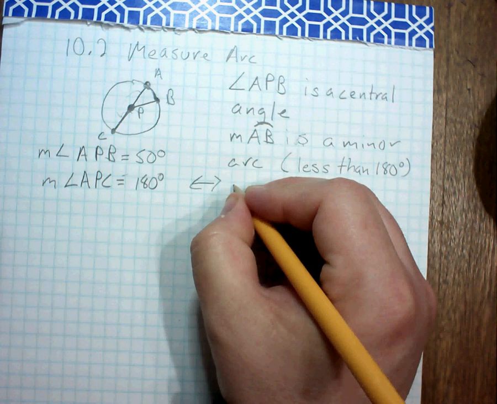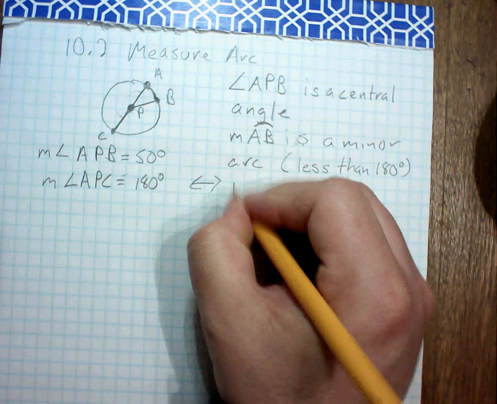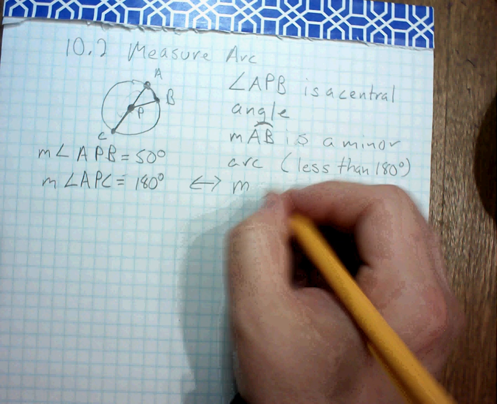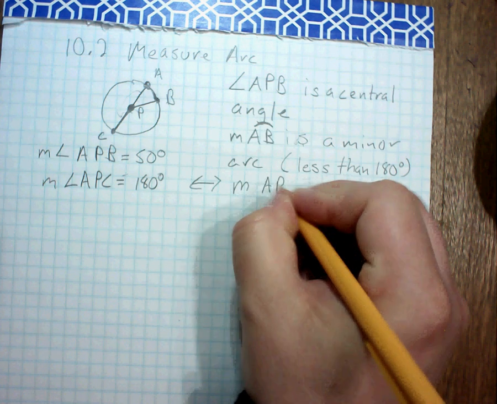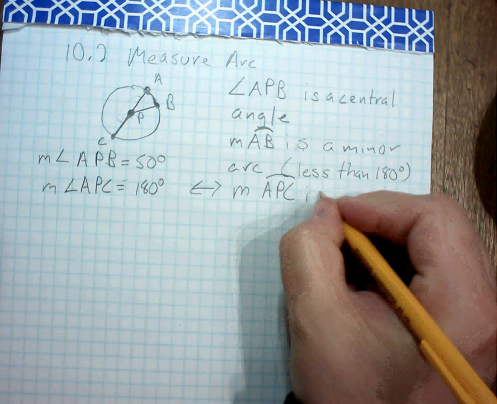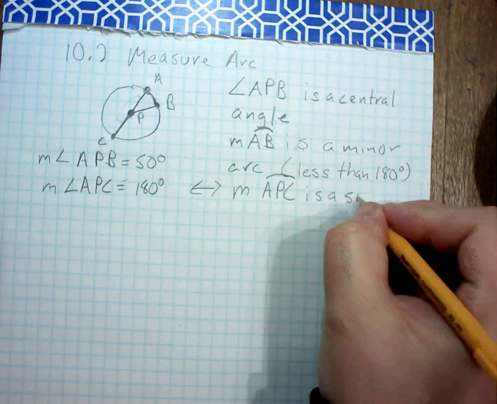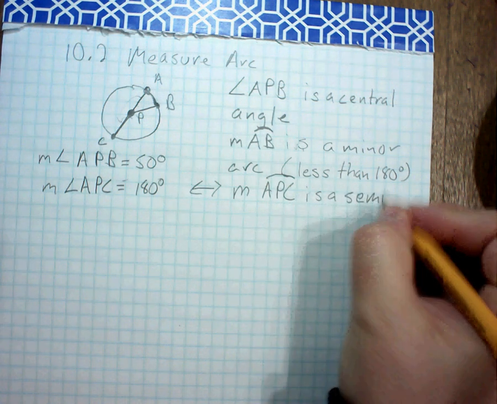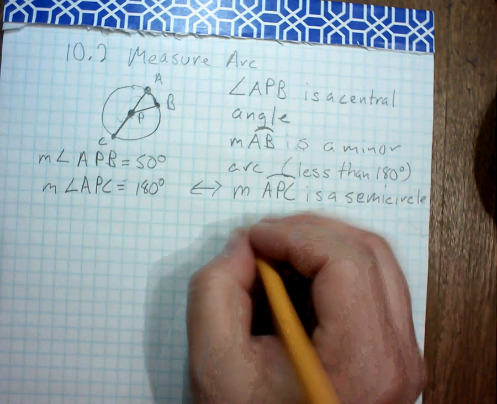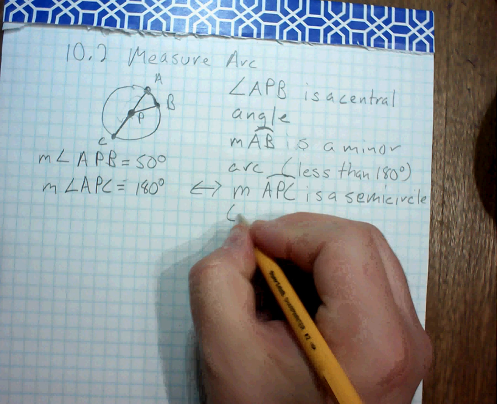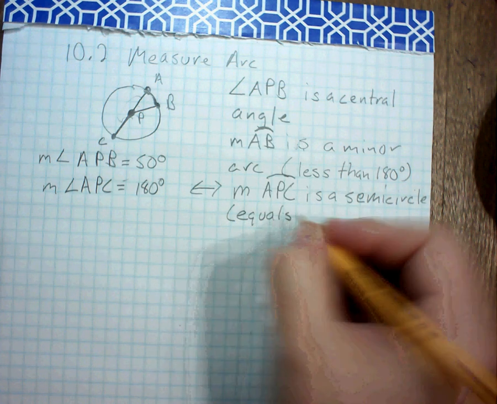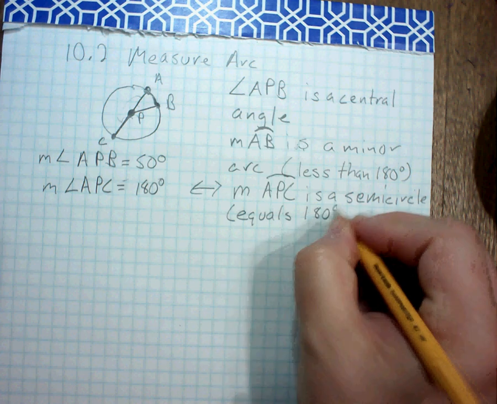So we could say that the measure of APC, that arc there, is a semicircle, and so that's because it equals 180 degrees.